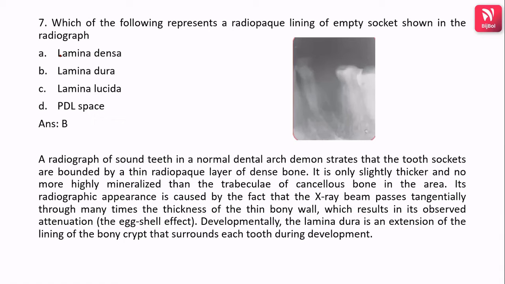That is nothing but the lamina dura. So this lamina dura is the radio opaque lining of the empty socket that you come across in a radiograph immediately after the tooth has been extracted. So it is option B.